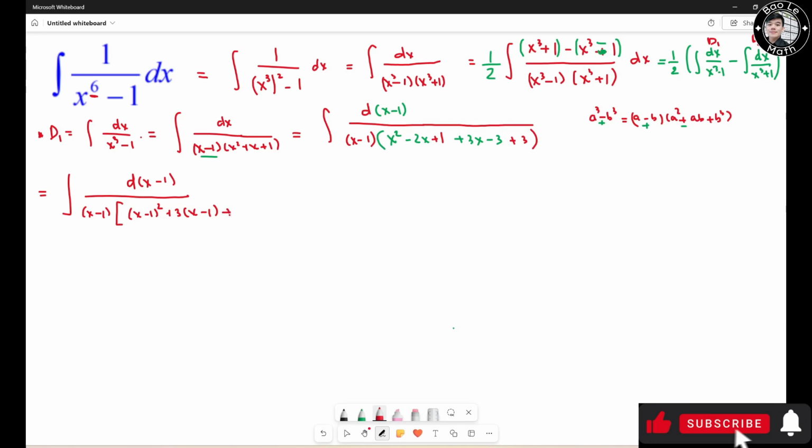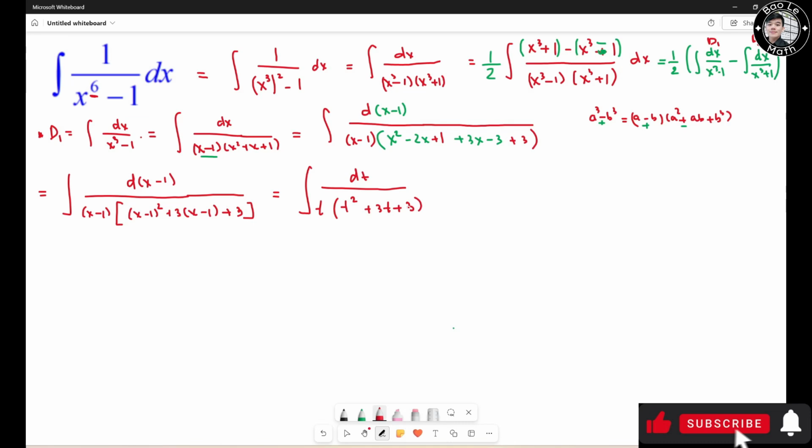And then you're going to add 3 right here. Alright, so now I'm going to use substitution, right? So I just let t equal s minus 1. So this guy turns out to be dt over t times t squared plus 3t plus 3, right?